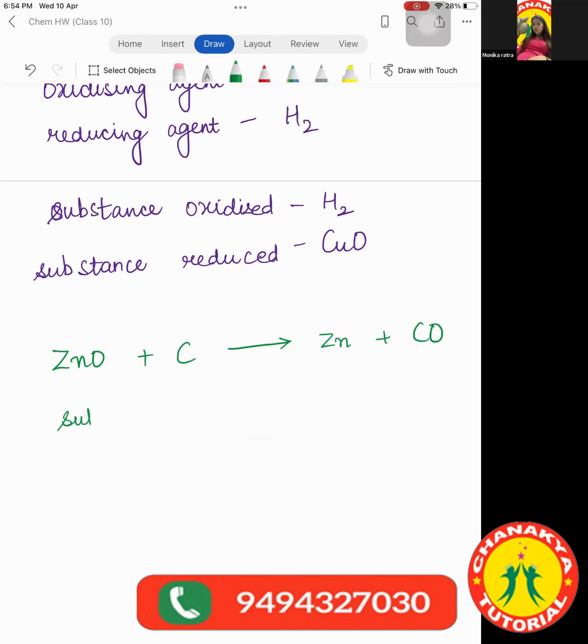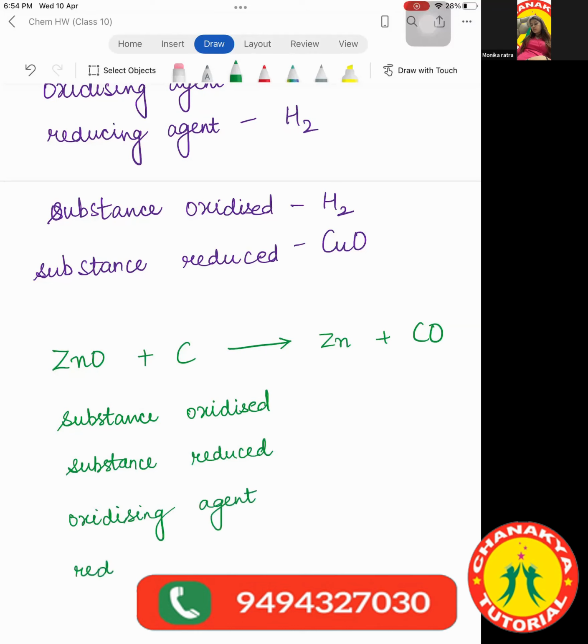You have to tell me four things: substance oxidized, substance reduced, oxidizing agent, reducing agent. Well, I'll give you all 1 minute.